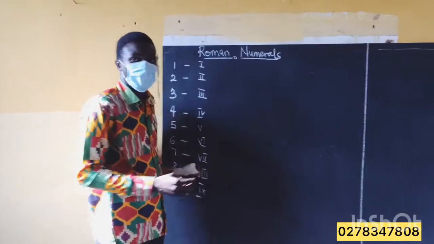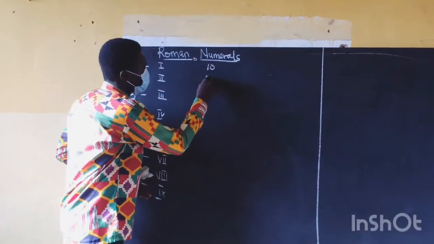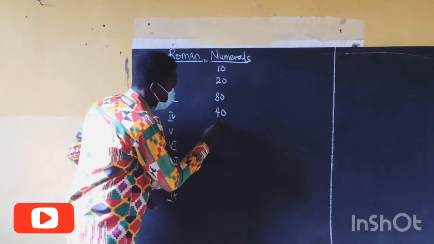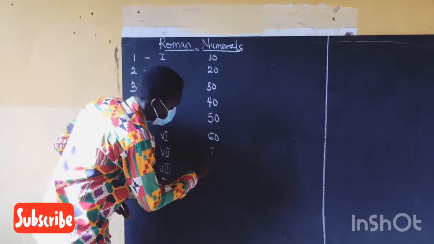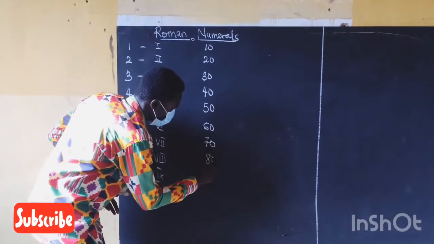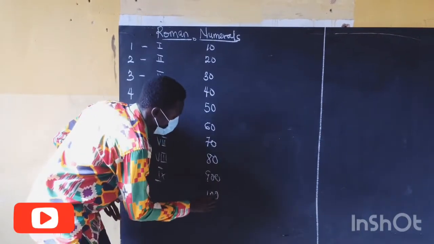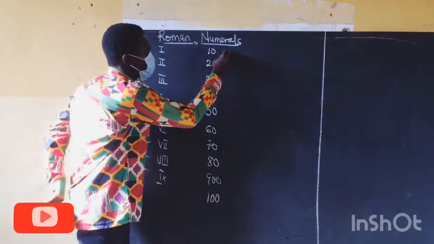Then the other main characters are 10, 20, 30, 40, 50, 60, 70, 80, 90, and 100. So we said we have to know the Roman numerals for these characters.